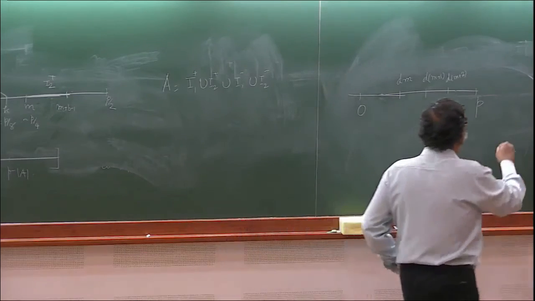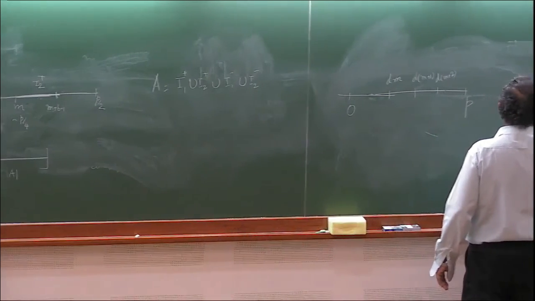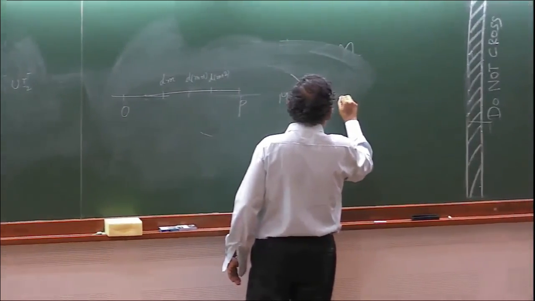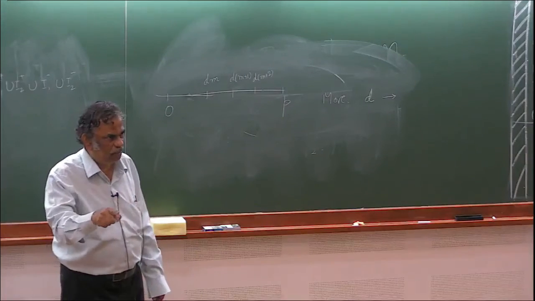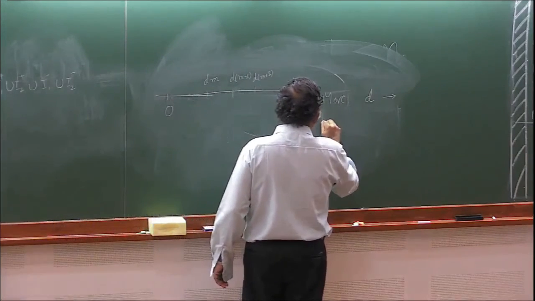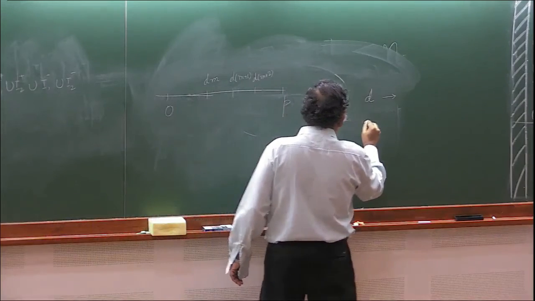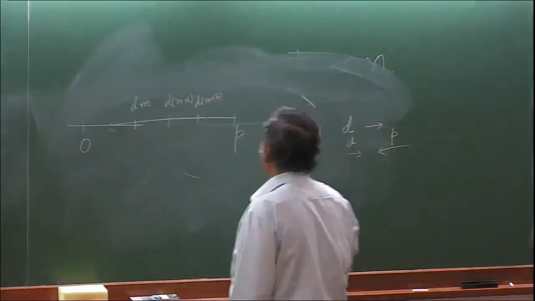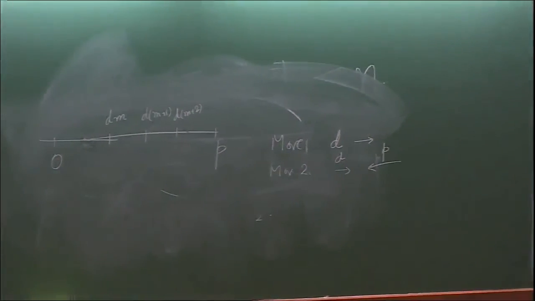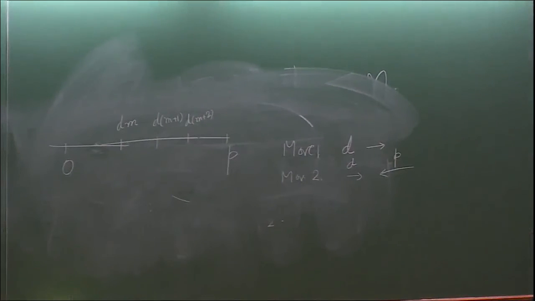The first move: in this direction, it goes by a length D. That's what happens. Otherwise, there's a second move. It goes a length D in this direction and then comes back a length P in this direction. Because once it crosses, it comes back by P. Therefore, it either goes by a length D and stops there, or it goes by a length D and comes back by a distance P. Is it clear? That's exactly what it does.